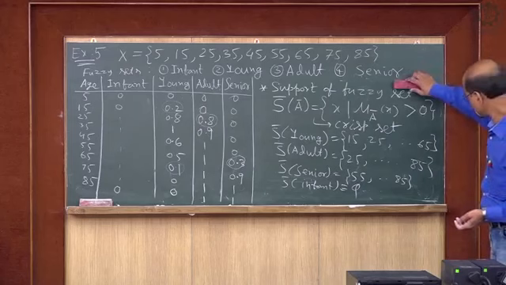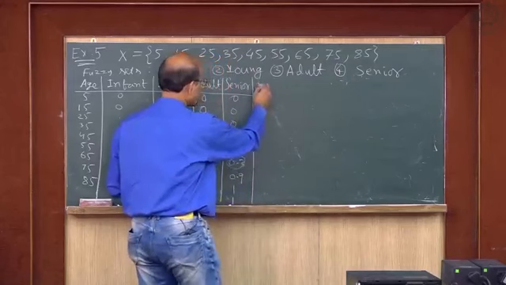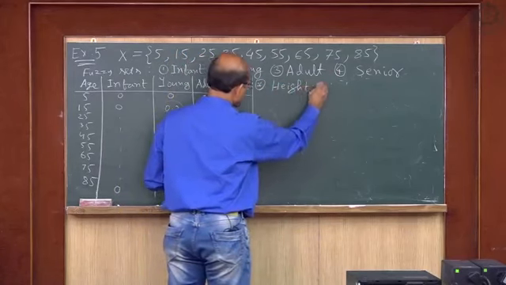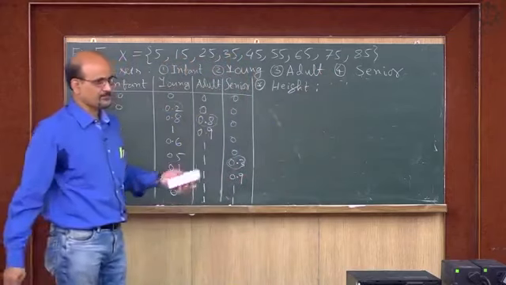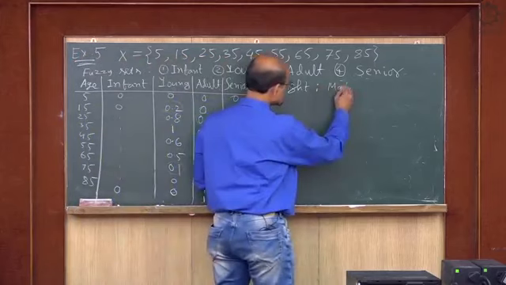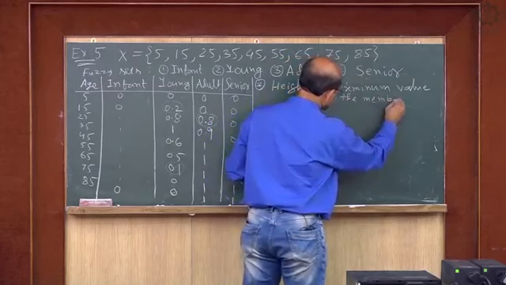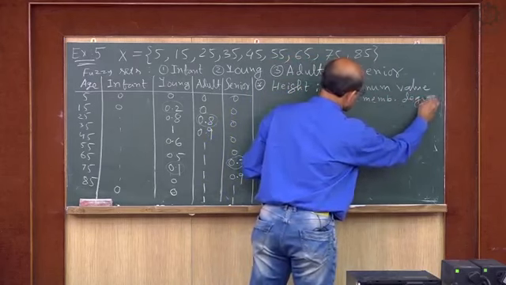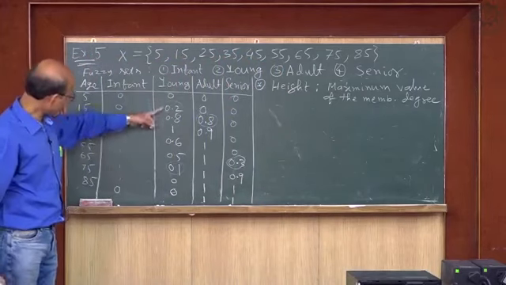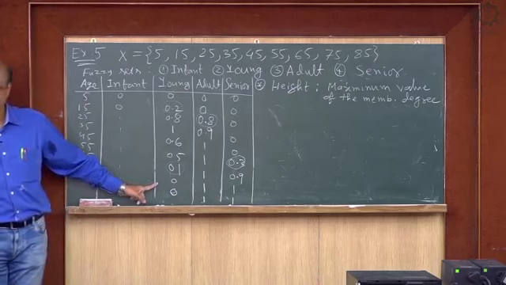Now, erasing this, I will define the next term, that is height. This is defined as the maximum value of the membership function, the maximum membership degree. So what is the height of this fuzzy set? 1.